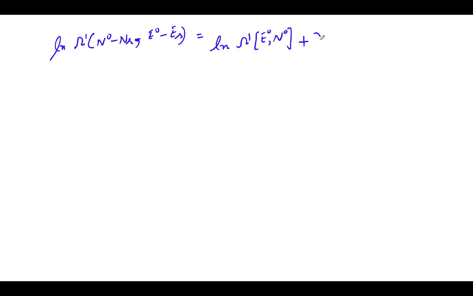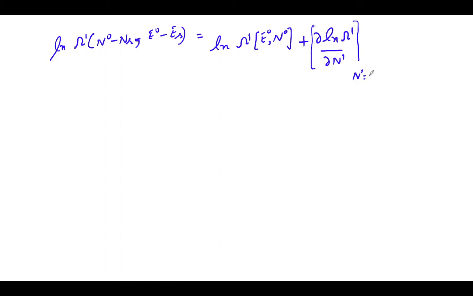So taking the log of Ω', what we get is log Ω'(N0 − Nr, E0 − Es). Taking the Taylor expansion of this, we can write it as log Ω'(N0, E0) plus ∂log Ω'/∂N'.